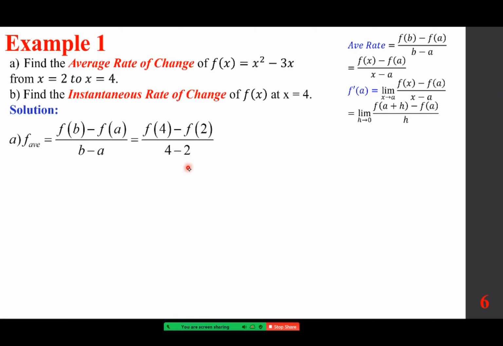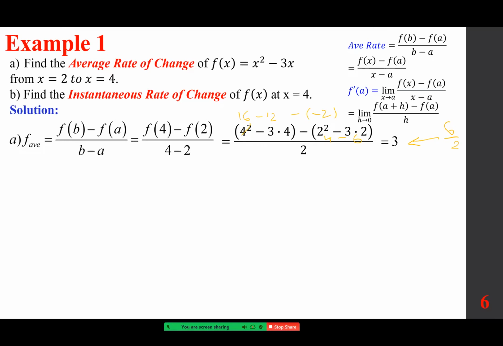At this point, you plug in 4 and you plug in 2 to evaluate the top as follows: 16 minus 12 is 4, 4 minus 6 becomes minus 2, and they add up to 6 over 2, which gives us 3. So that's elementary algebra, not a big deal.